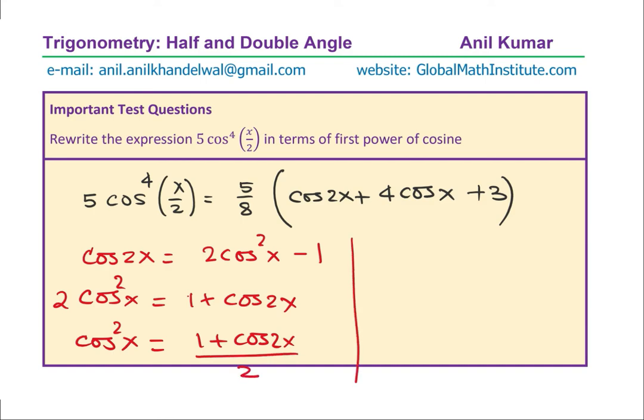And we also used a simple formula: a plus b whole square is a square plus 2ab plus b square, to get our result.